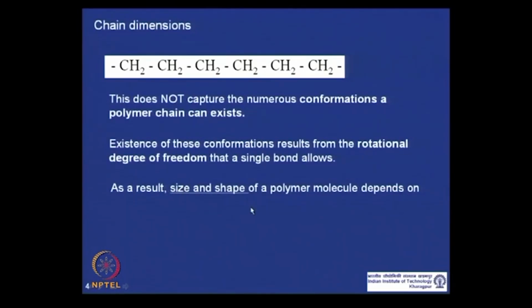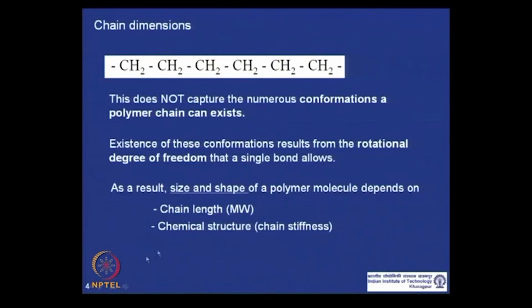Now, as you have so many conformations, the size and shape of a polymer molecule will depend, obviously, on chain length, and as the chain length goes up, you expect the polymer size will also go up. Secondly, it depends upon the chemical structure or chain stiffness.